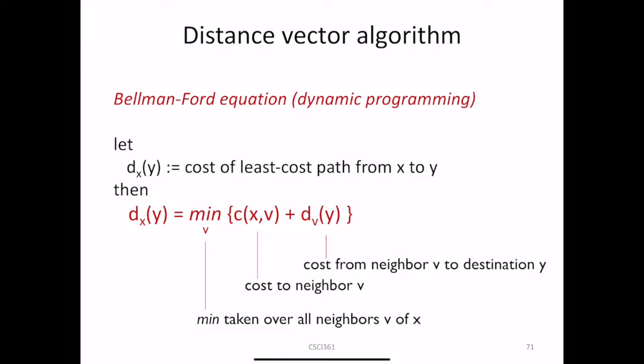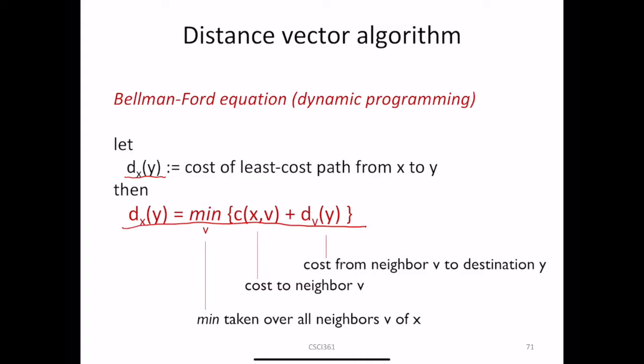We will define d_x(y) as the cost of the least cost path from x to y. Then, based on this Bellman-Ford equation, we calculate the least cost path from x to y.